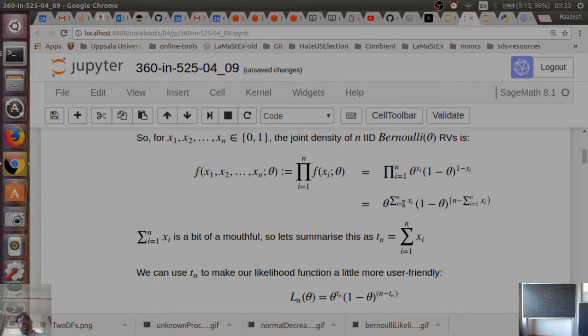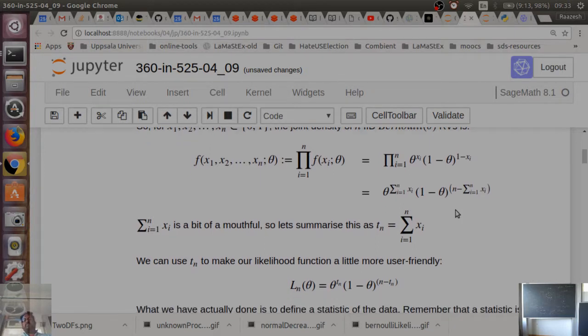I have theta to the power of the number of ones, and 1 minus theta to the power of the number of zeros. That's all it breaks down to. Which means the only real thing that has all the information about the data is the sum of the xi's, the number of ones.